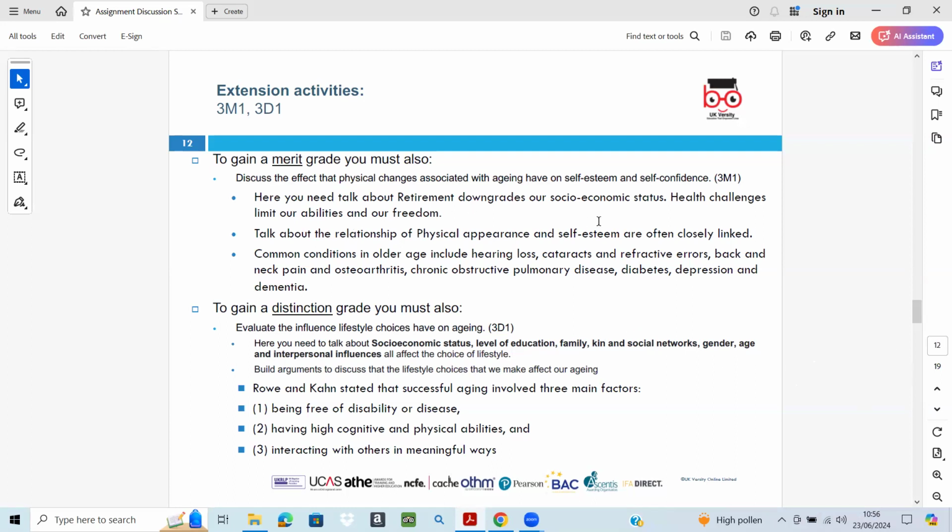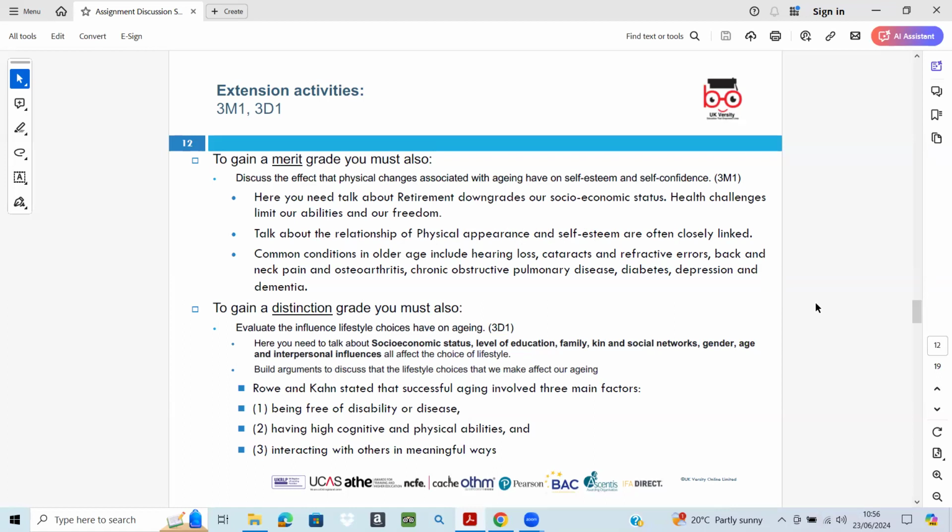So here they have given us: talk about retirement, downgrade, and socioeconomics and healthcare. Talk about the physical activity. Okay, so in the merit criteria, we need to discuss the retirement. Retirement can impact socioeconomic status, potentially leading to changes in income and status.